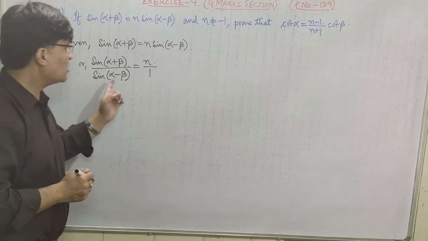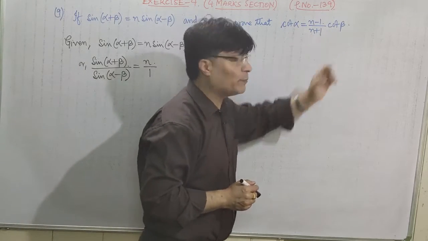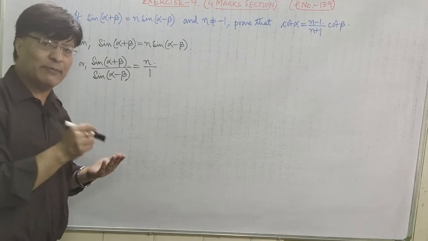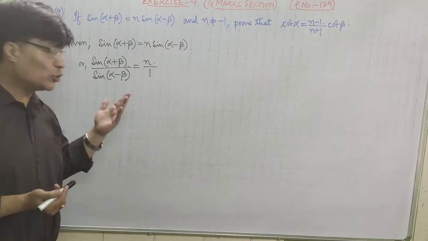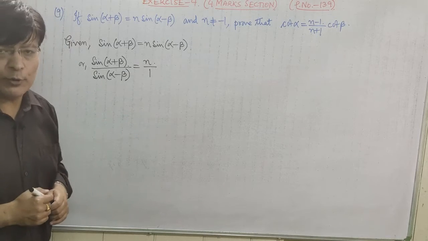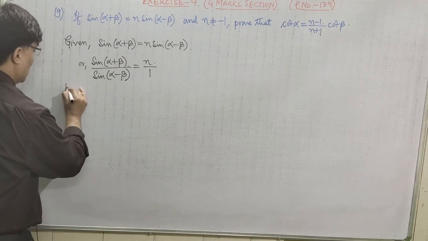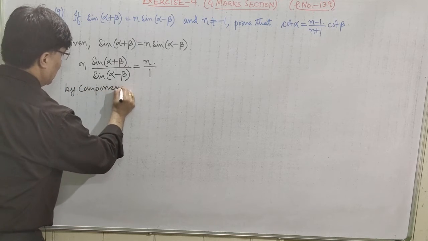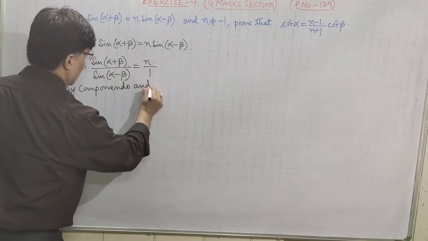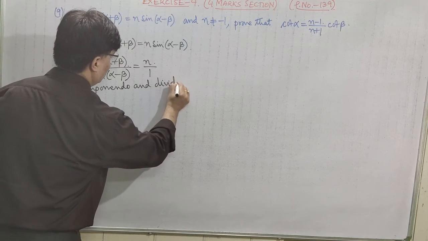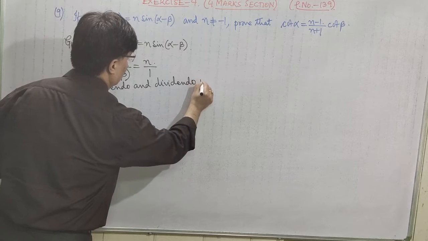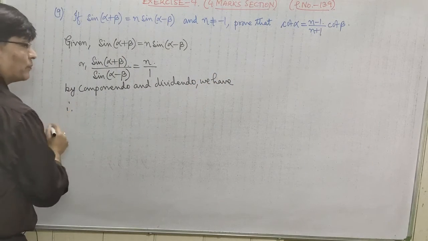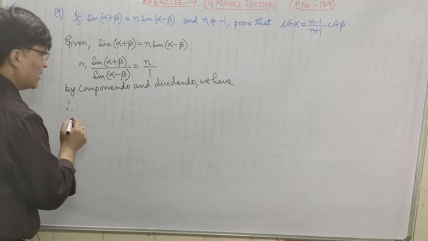Now since we have to prove n minus 1 upon n plus 1, you have to use componendo and dividendo, and you write minus sign in the numerator. So you know how to apply componendo and dividendo. So by componendo and dividendo, we have, therefore, let us write down minus sign in the numerator.